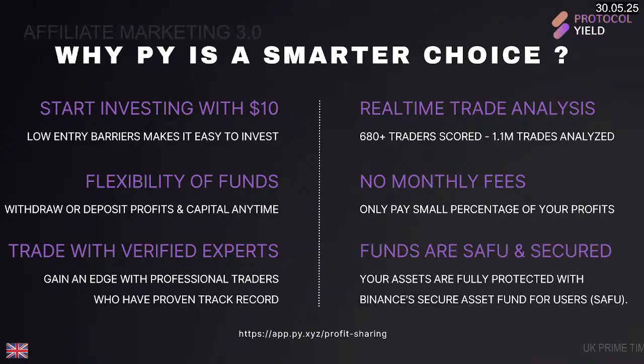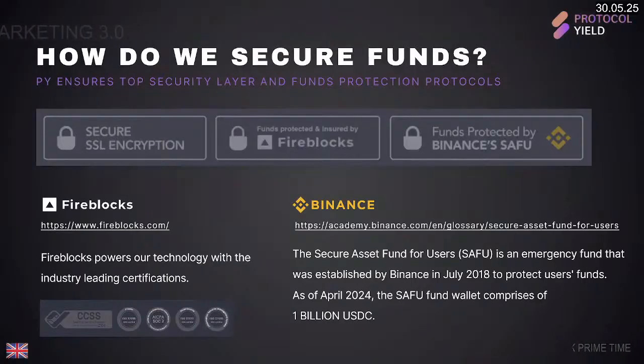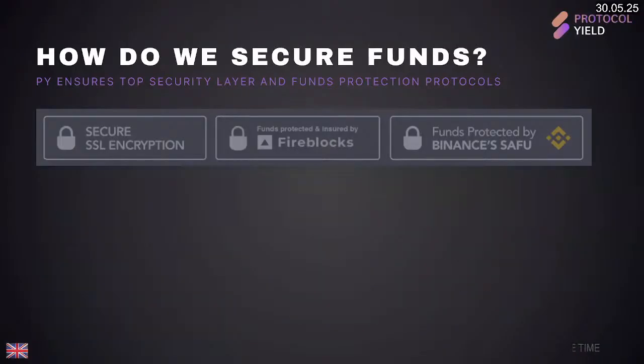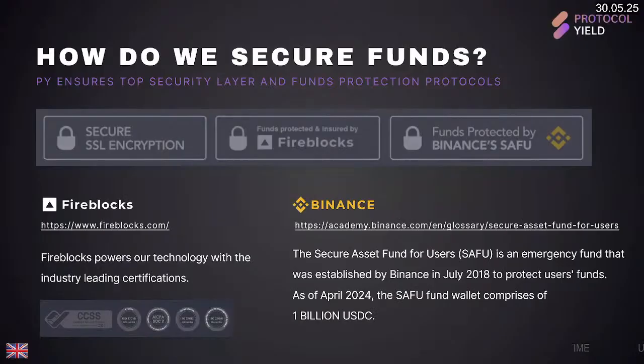Okay. Then the funds are secured, of course, with SAFU and Fireblocks. We have discussed this many times. Binance SAFU program, where almost 1 billion USDC are kept as a backup, as a security to the clients of Binance. And this is not our program. This facility is provided by Binance.